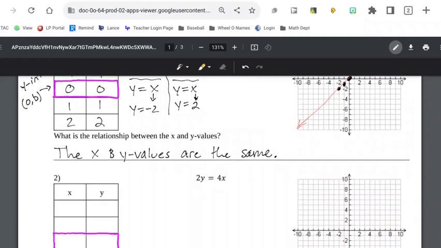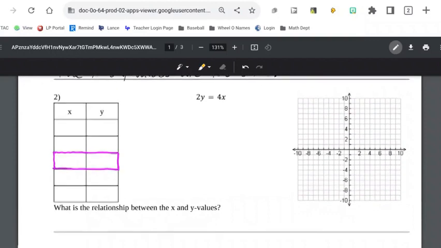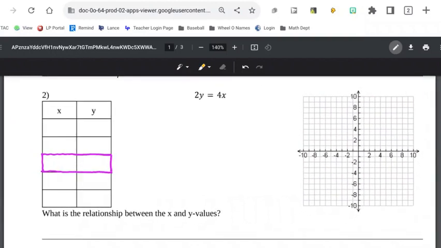Okay, let's take a look at number 2. So notice this one, y is not by itself. So the first thing we have to do is get y by itself, put it into slope-intercept form. We divide by 2, and we get 4x divided by 2 is 2x. So, like we said, our y-intercept over here is plus nothing, right? Plus 0.